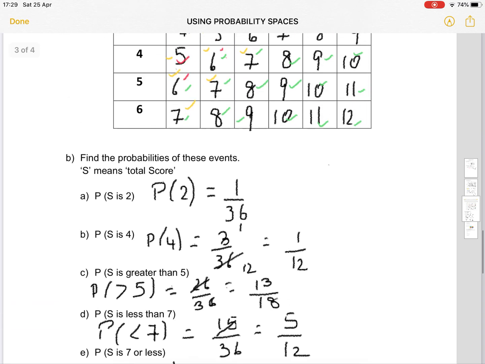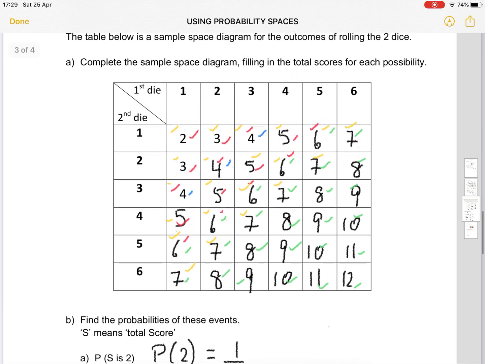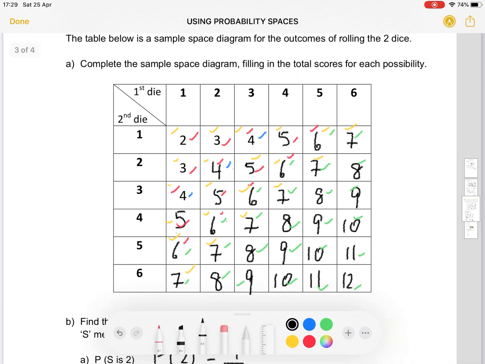Probability S is a multiple of 5. Now I'm going to mark them differently, with a circle. A multiple of 5: I have all the 5s, 1, 2, 3, 4, and all the 10s, 1, 2, 3.